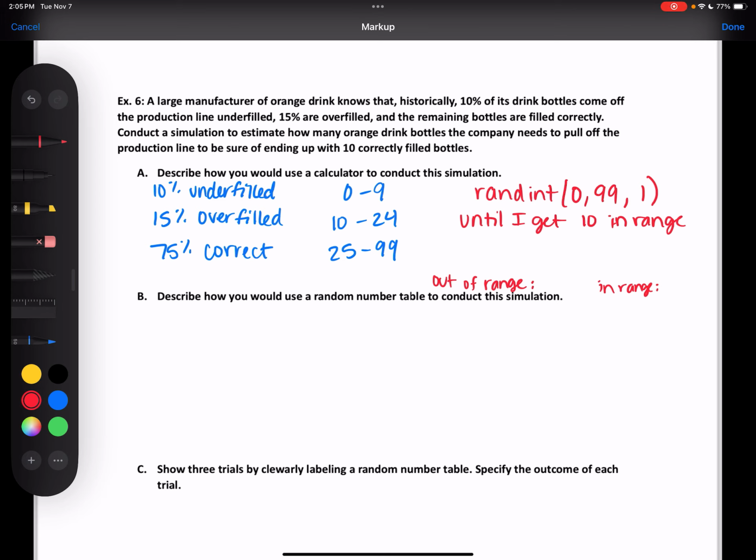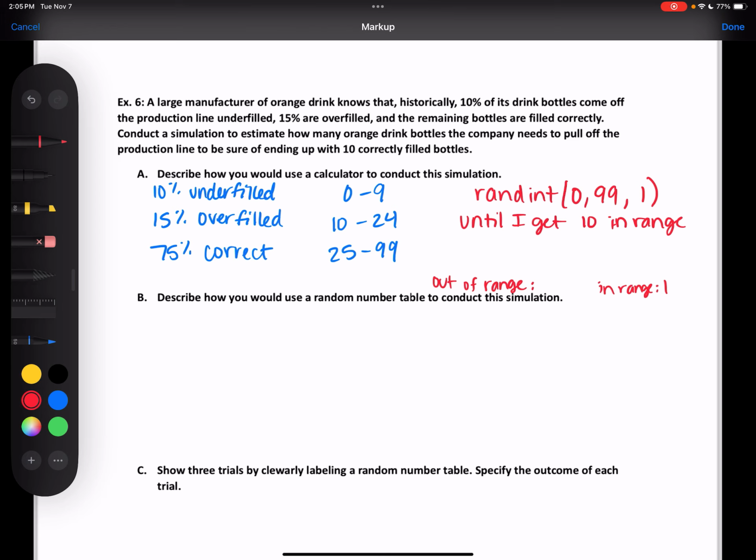Should we go until we get 10 that are in range? Yes. And so then just mark, if you get it from 25 through 99, mark it as in range. Otherwise, mark it as out of range.